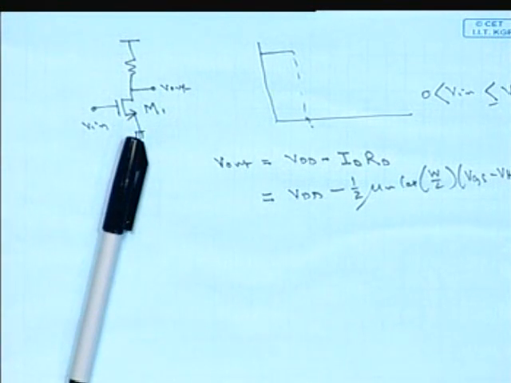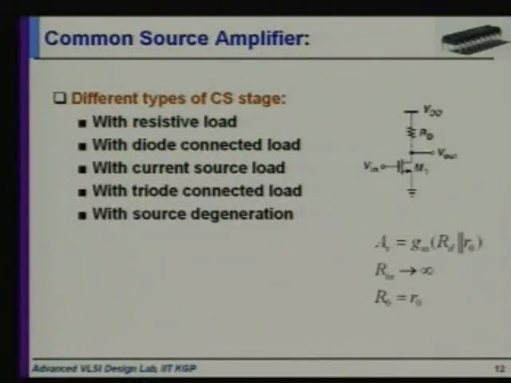Now see that there is a relationship, that is Vout is VDD minus ID RD. Whenever we increase the Vin, the current will increase. If the current increases, then ID RD will increase and VDD minus ID RD will decrease. So the output voltage will also decrease with the increase in Vin. And up to what level of Vin this transistor will be in saturation mode, we can readily calculate.